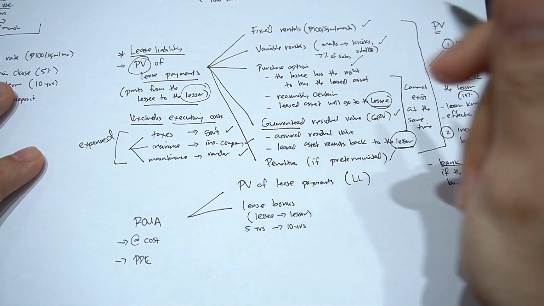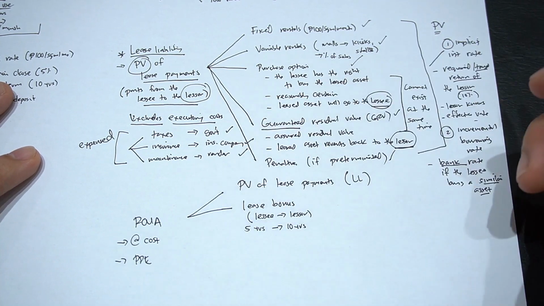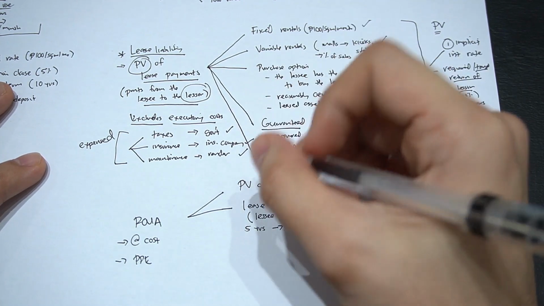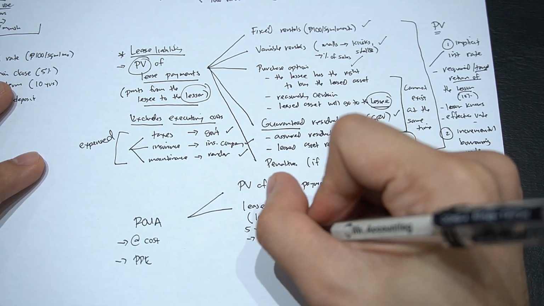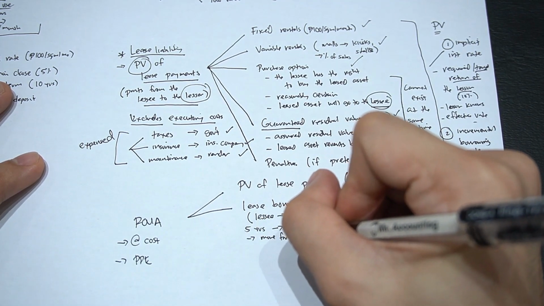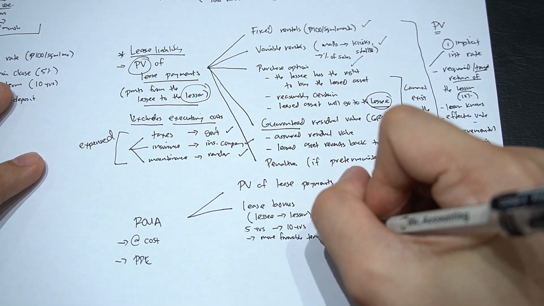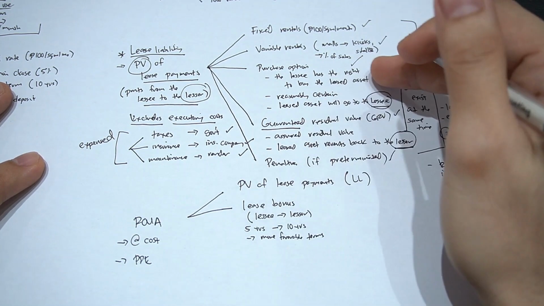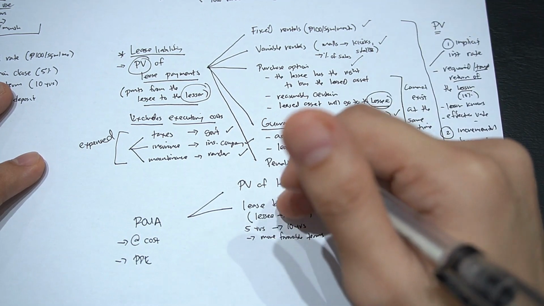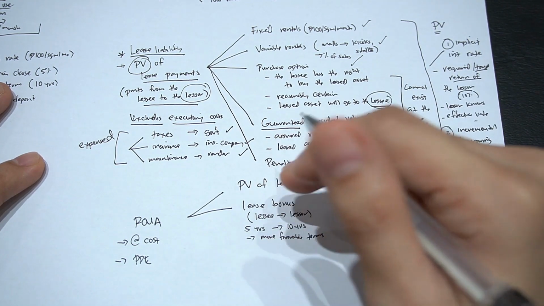At the start of the lease pa lang, babayaran na ni lessee si lessor. So basically, yung lease bonus, class, pwede mo siyang isipin na bayad yan ni lessee to the lessor to get more favorable terms. So in this case, since ang target ni lessee is 10 years, magbabayad siya ng additional kay lessor para makakuha siya ng 10 years. We call it lease bonus.